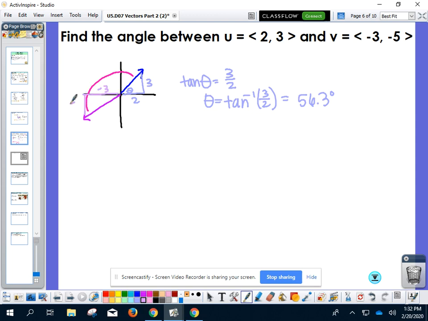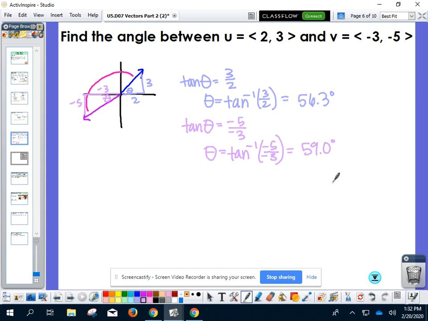This would be a base of -3 and a depth of -5. And so tangent of theta equals opposite over adjacent. When we calculate inverse tangent of -5 over -3, in my calculator, I get 59.0 degrees.